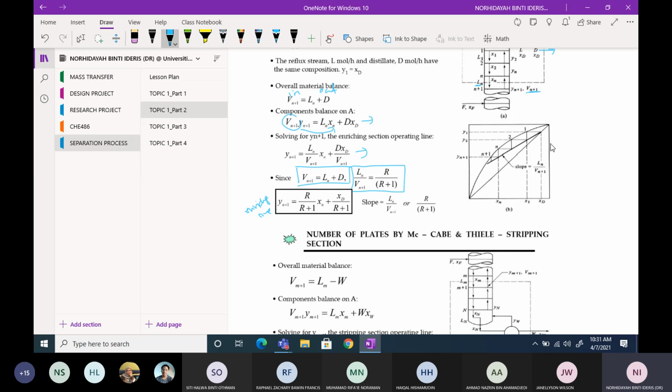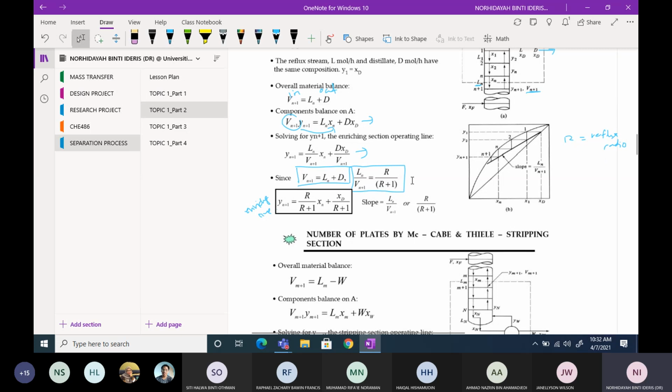So if you refer to the book, R here is what we call the reflux ratio. Reflux ratio means how much you send back over how much you take out.